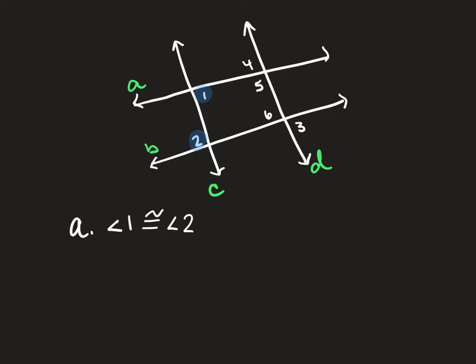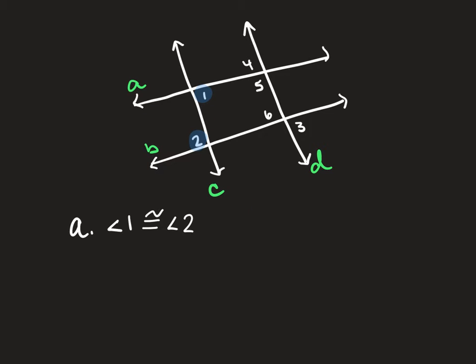So what kind of angles are those? Alternate interior? Yeah, so if you're just looking at this part of the picture, we're ignoring line D for right now. So which lines would be our parallel lines? A and B, right? So A and B would be the parallel lines, and then C would be the transversal.